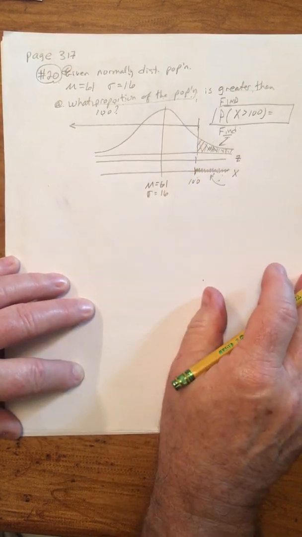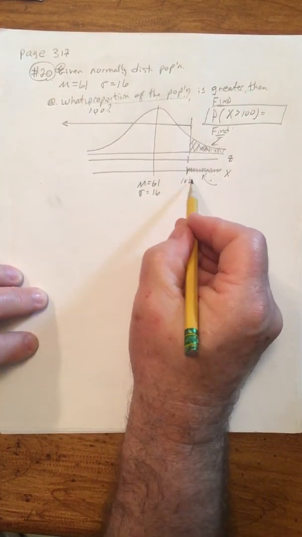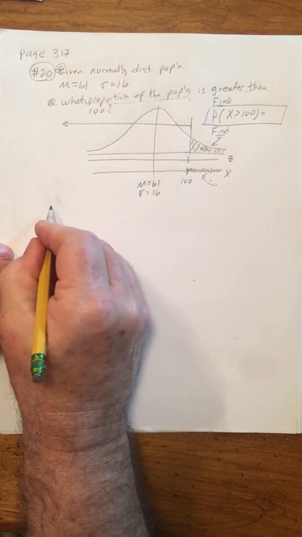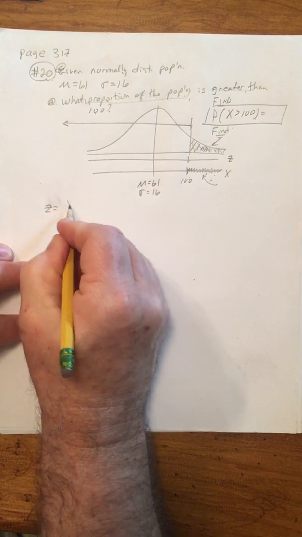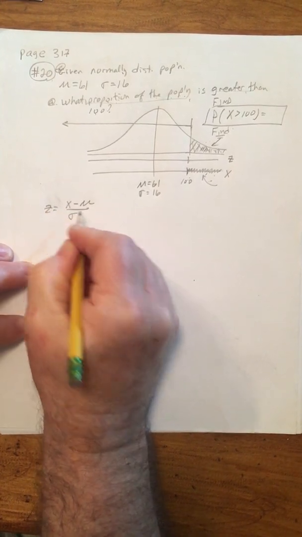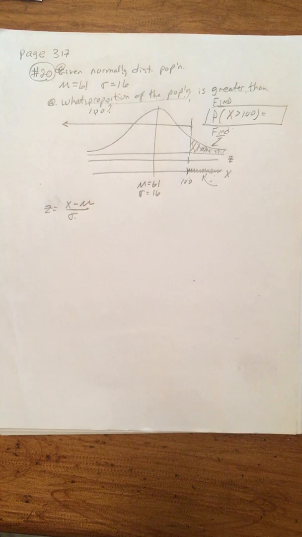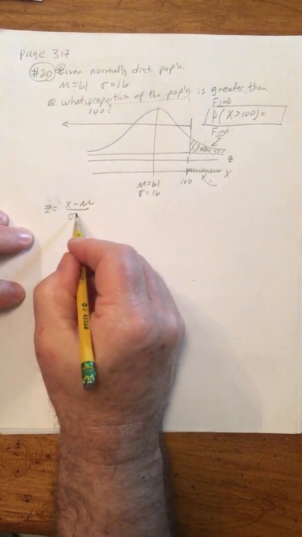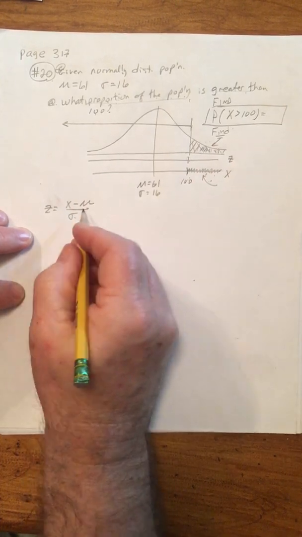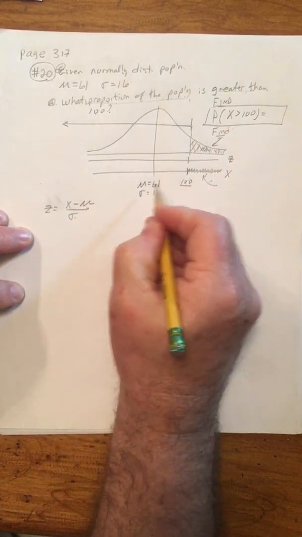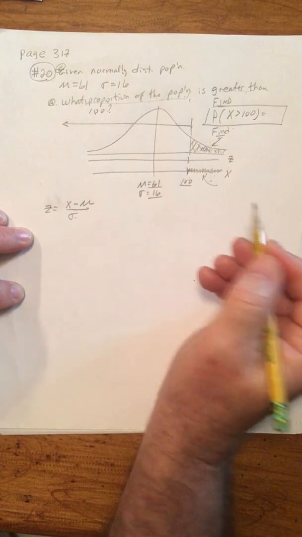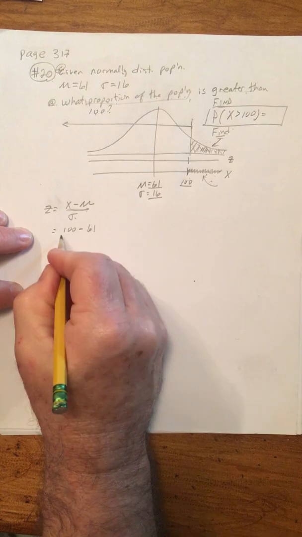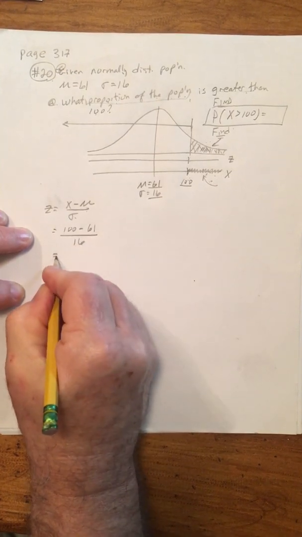And so the procedure by now, I hope, is straightforward. First, translate from the data scale to the standard scale. Now, this formula doesn't need to be memorized, but you will have it learned because you will have used it several times. Substitute the values in. X is 100, mu is 61, sigma is 16. So we have 100 minus 61 over 16.